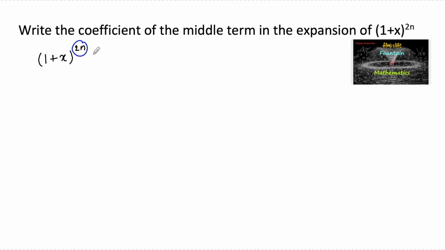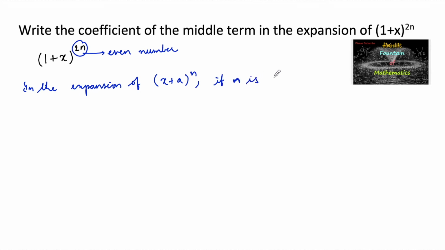Clearly we can say that this 2n is an even number, a multiple of 2, and we know that in the expansion of (x + a)^n, if n is even, then its middle term is the (n/2 + 1)th term.